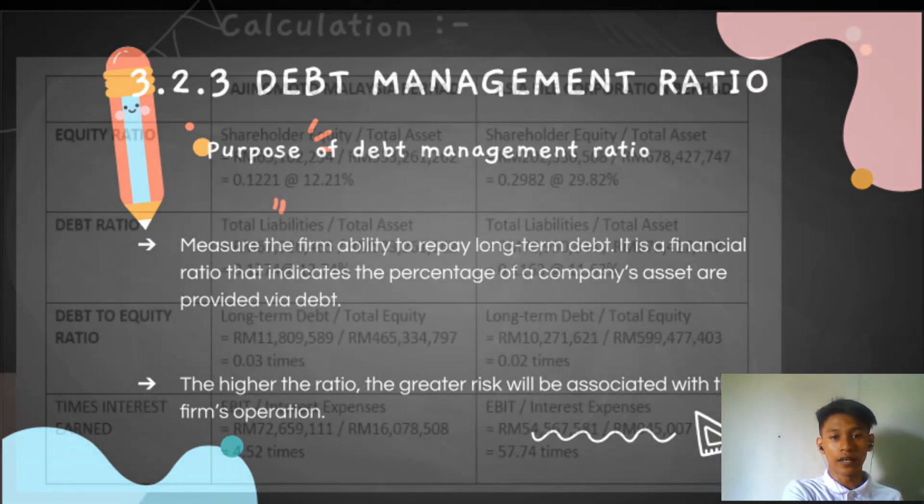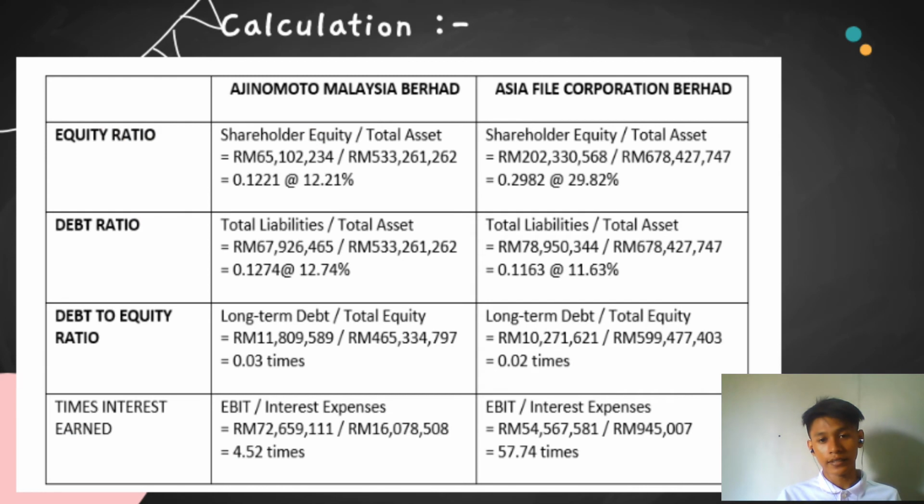For the debt management ratio, there are four types of ratio: equity ratio, debt ratio, debt to equity ratio, and times interest earned. The first one is equity ratio: shareholder equity divided by total asset.